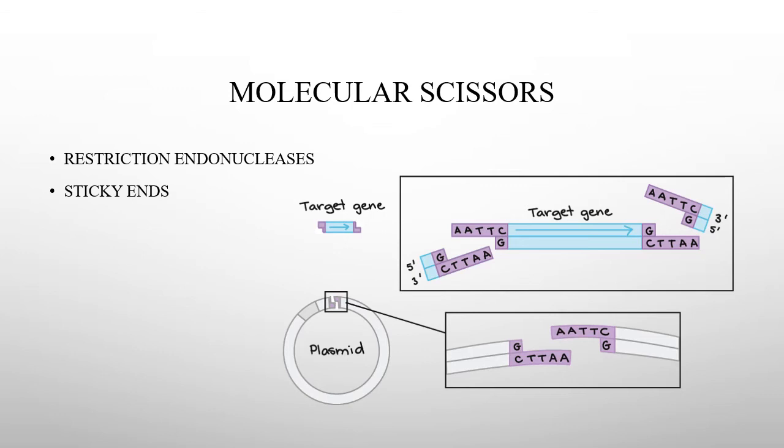When a virus attacks a bacterium, restriction endonucleases present in the bacterium cut the virus DNA, and when the DNA of the virus is cut, it is not able to kill the bacterium. So basically these are defensive enzymes.